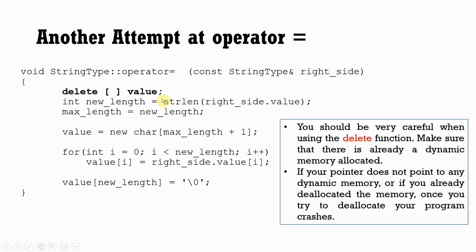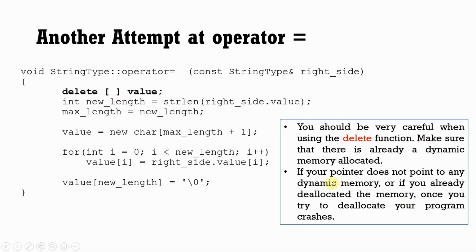First of all, you have to be careful when you use delete. When you want to deallocate what a pointer is pointing to, you have to make sure that it is actually pointing to something. There's no guarantee that this pointer is already pointing to dynamic memory.